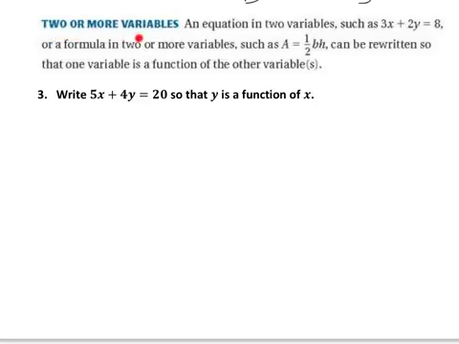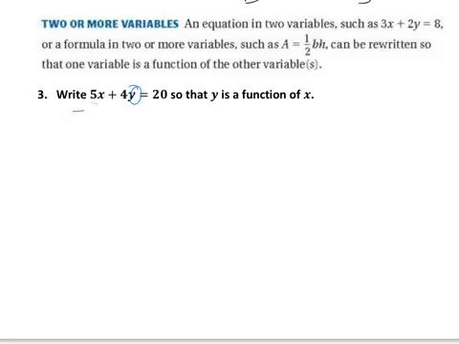Alright, 2 or more variables. An equation in 2 variables such as 3x plus 2y equals 8, or a formula in 2 or more variables such as A equals 1/2 base times height, area of a triangle, can be written so that one variable is a function of the other variables. Okay? So this, write 5x plus 4y equals 20, so that y is a function of x. That means solve for the y. Okay?